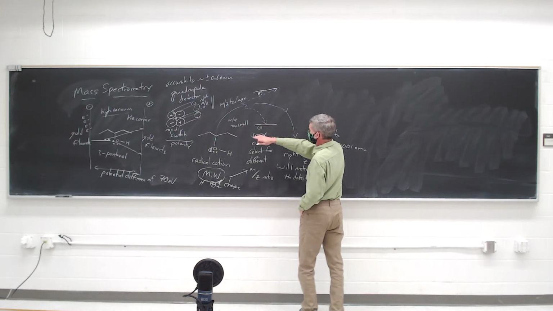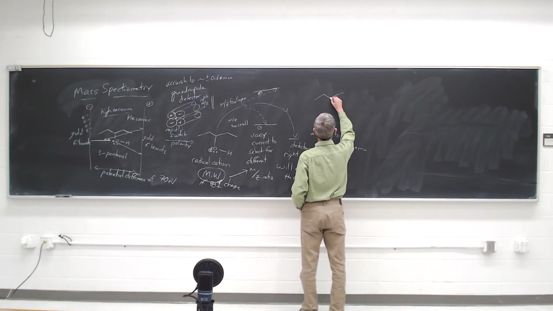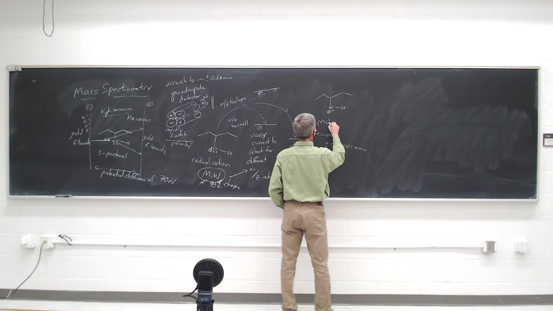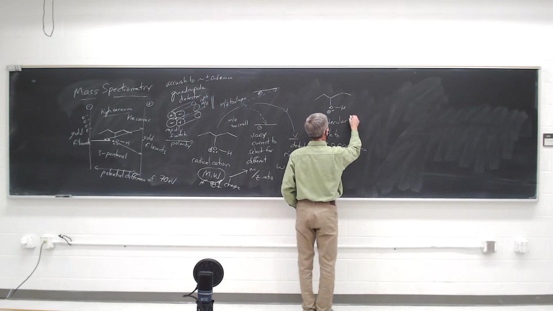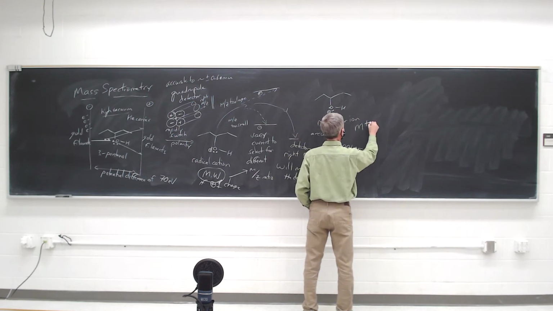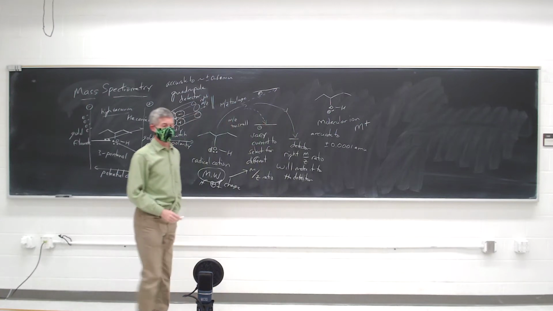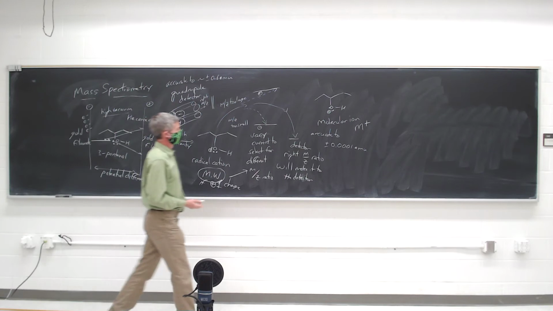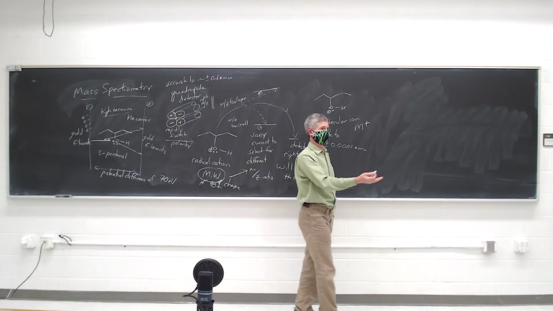So this P here, this radical cation, is referred to as the molecular ion, and given the abbreviation capital M plus. Usually, it's the highest molecular weight on your spectrum.